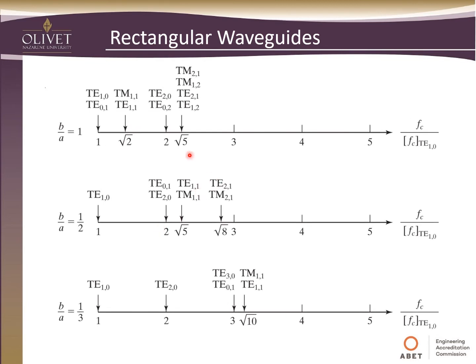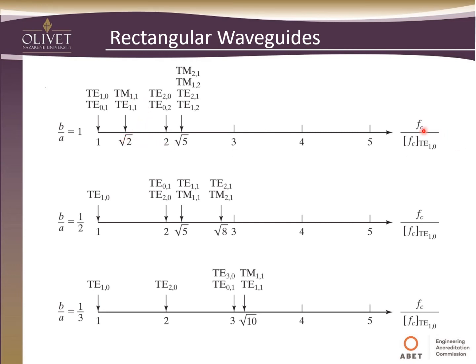So this is how this looks. Moving along this axis, it's our ratio of FC over FC TE10. When this is equal to 1, since both sides A and B are equal, TE10 and TE01 are both going to propagate at the same time at this one value. When this ratio gets up to the square root of 2, we'll find that our TM11 and TE11 modes both start propagating.